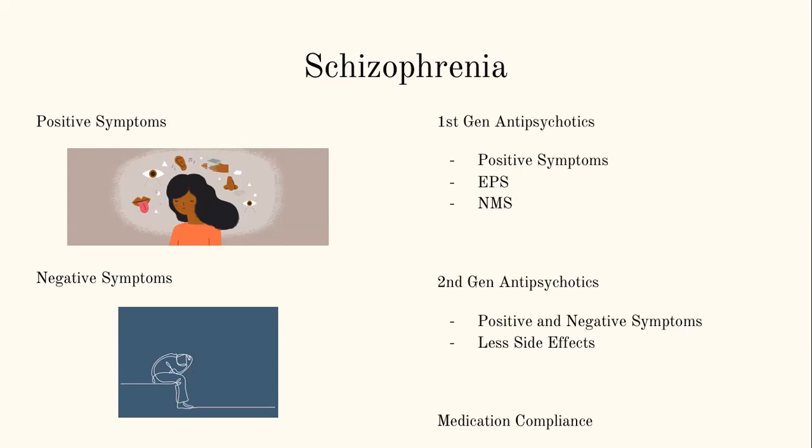As far as delusions go, you can have grandiose delusions, which we talked about with bipolar disorder. You can also have paranoid delusions where they feel that something bad is happening, someone's out to get them, things like that. A lot of times, if they feel someone's out to get them too, we can call that persecutory. Our patients can have religious delusions where they either feel that they are a religious deity or a religious deity is talking to them or controlling them outside of their normal cultural beliefs.